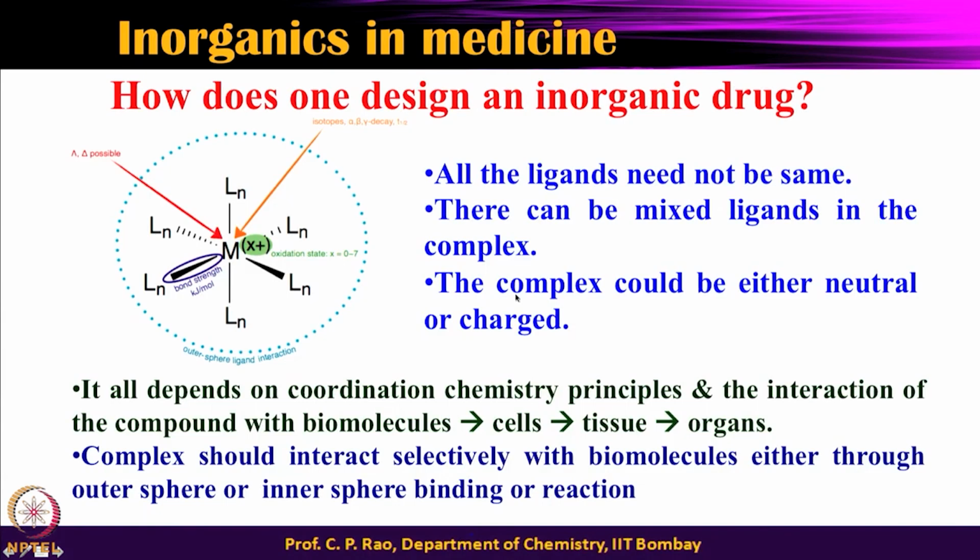Okay, having studied a couple of lectures on inorganic chemistry, inorganic complexes in drugs, inorganic complexes in therapy, I have also introduced to you in the beginning that one can plan to design an inorganic drug either for therapy or for diagnosis, or even for some kind of coating, or even for some kind of protection.